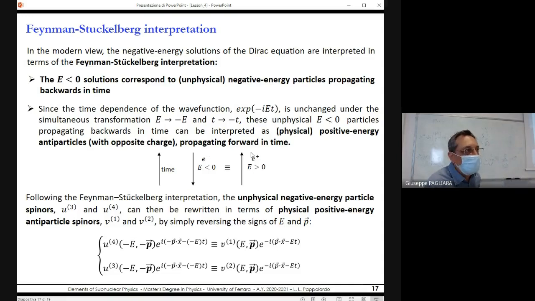Now, back to the Dirac solution. Following the Feynman-Stueckelberg interpretation, the unphysical negative energy particle spinors u3 and u4 can now be rewritten in terms of physical positive energy antiparticle spinors. So we have to introduce a new symbol here, v: v1, v2, v3 and v4 as well. So the u are the particle spinors, 2 with positive energy and 2 with negative energy, but we are going to have also 4 antiparticle spinors, again 2 with positive energy and 2 with negative energy. For instance, you can get the v1 and v2 solutions just starting from u4 and u3 and exchanging the sign of energy and momentum.